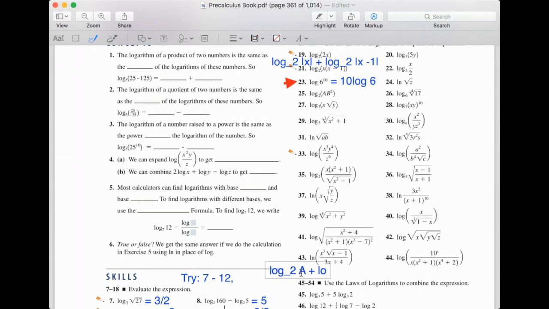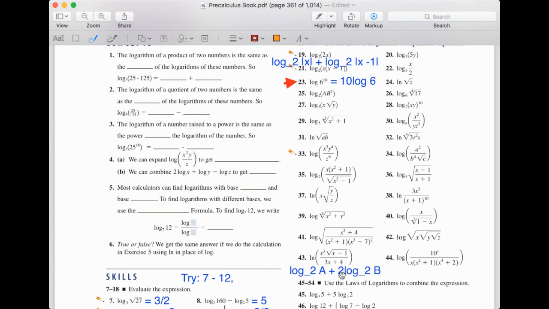So we rewrite it as log base 2 A plus log base 2 B squared. Then the 2 can be pulled up front of the log with B. So it will be log base 2 A plus 2 log base 2 B. You see why?